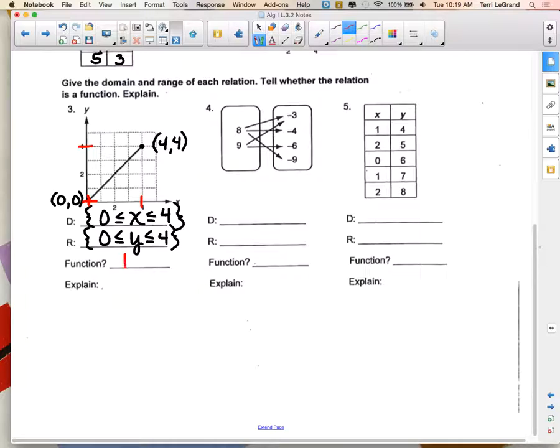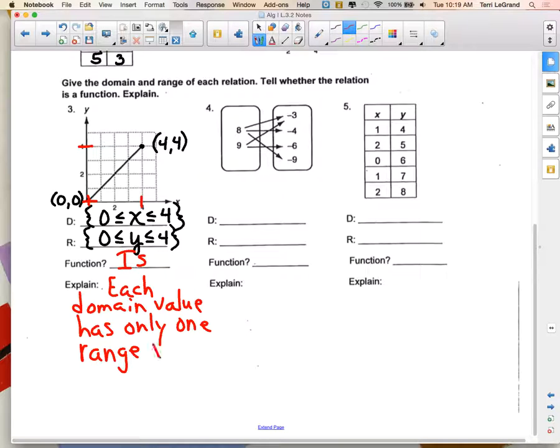So we would say it is a function, each domain value has only one range value. They each have their own range value and only one range value.